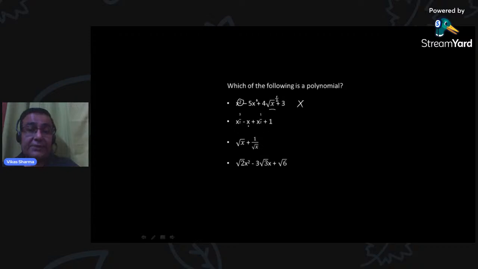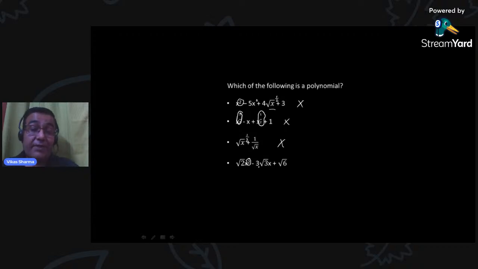So let's look at the second one. In the second one, we see that it has a fractional power. So again, here also we have a fractional power. So this is also not a polynomial. Here it is again a square root, which means it has a power of 1 by 2, a fractional power. This is also not a polynomial. Here, if we look at the powers of the variable, x has got a power of 2.